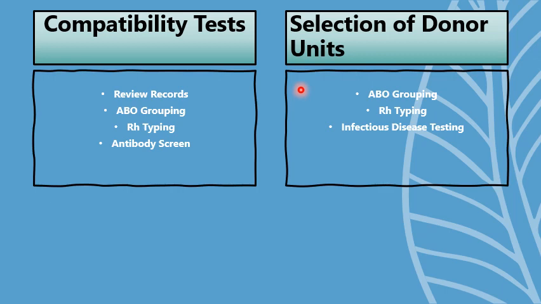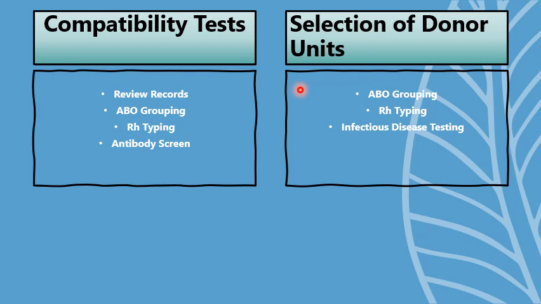So upon receiving the units, transfusion facilities should confirm the ABO group and the RH typing of the blood unit. Minsan may kasama pang infectious diseases na mga test.